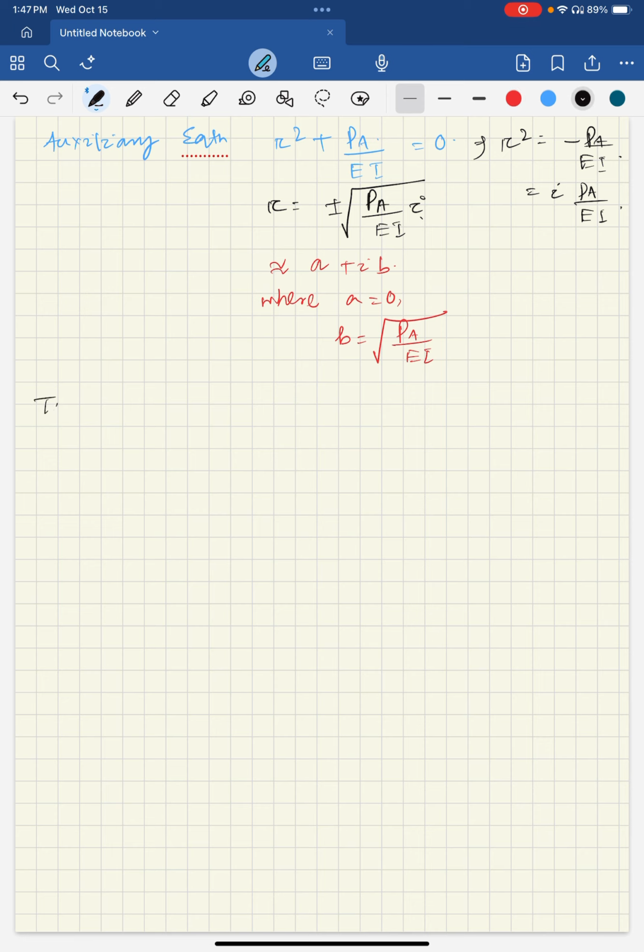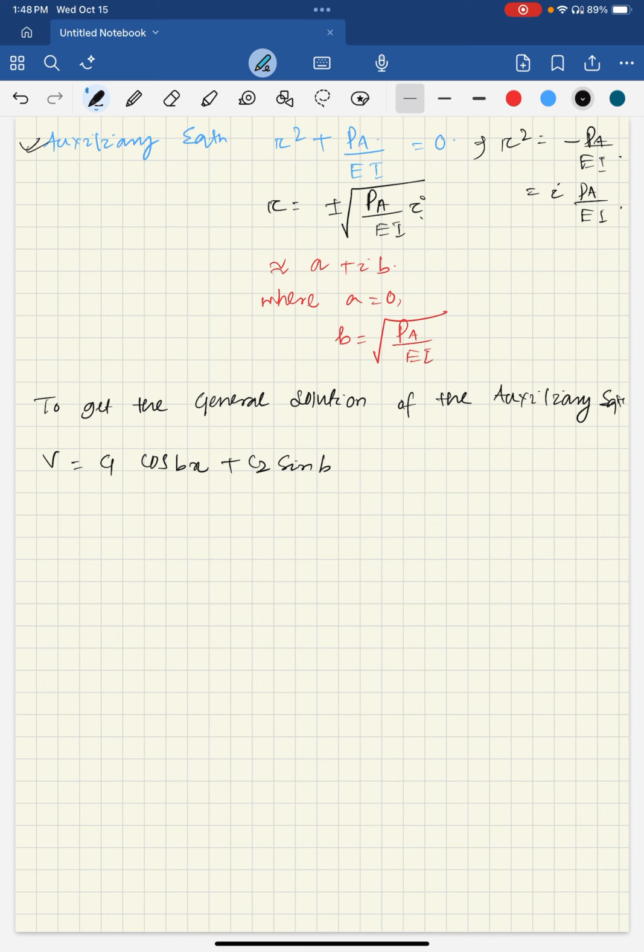Now to get the general solution of the auxiliary equation, we can say v can be written as C1 cos bx plus C2 sin bx.